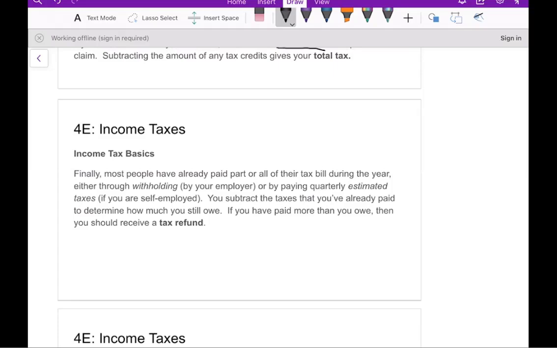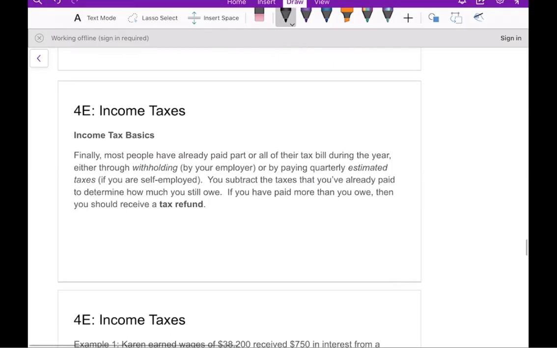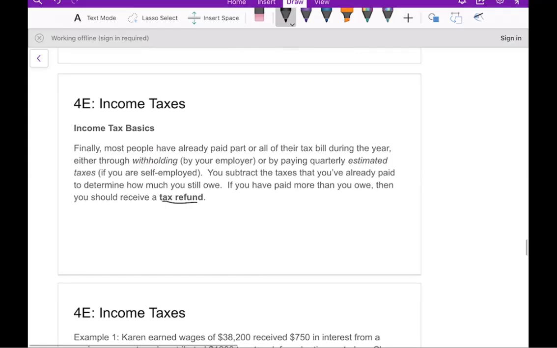Of course, you subtract the taxes that you've already paid to determine how much you still owe. And in a lot of cases, if you've paid more than you owe through these withholdings, then you will receive a tax refund. All right, so that's one thing that you're probably already familiar with.